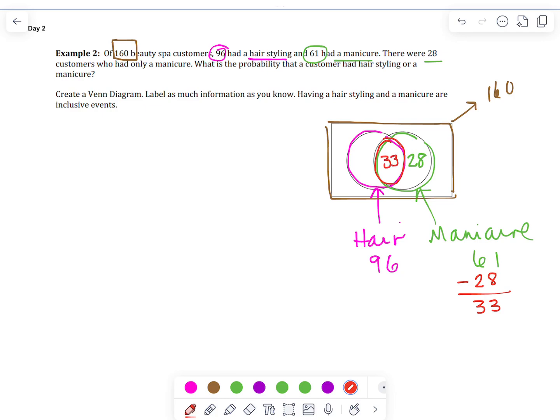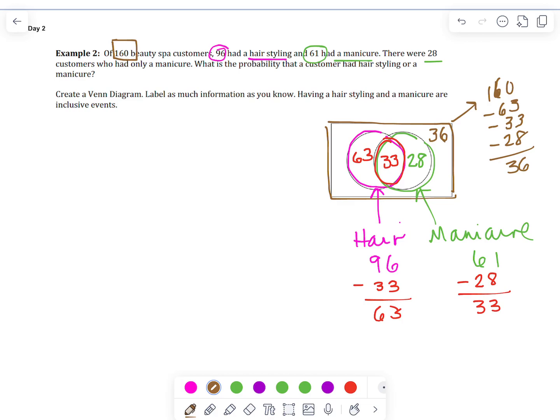And then since we have the overlap, we subtract that from the hair total, giving us 63. And then to find out what's going to go outside of those circles, you take 160 minus 63 minus 33 minus 28 gives us 36. So there are 36 customers that did not get their hairstyle or a manicure.